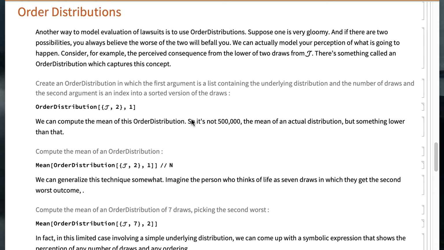For example, supposing the perceived consequence of a lawsuit, or anything else actually for that matter, is the lower of two draws from J. Remember our friend J, that uniform distribution? And so we can write that as order distribution on J, two events, first worst. So let's write that.